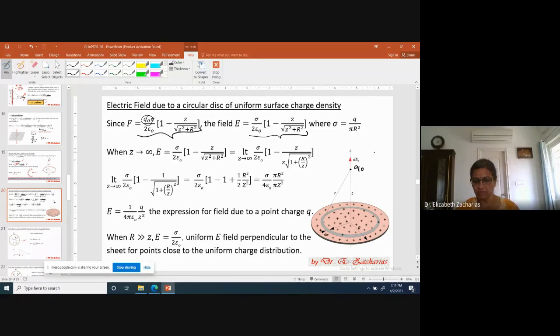Next, some interesting results will come now. What happens if Z becomes much, much greater than R? When Z is much, much greater than R, don't say it is Z divided by Z, therefore it is 1.